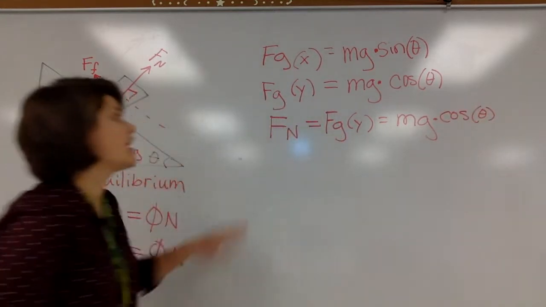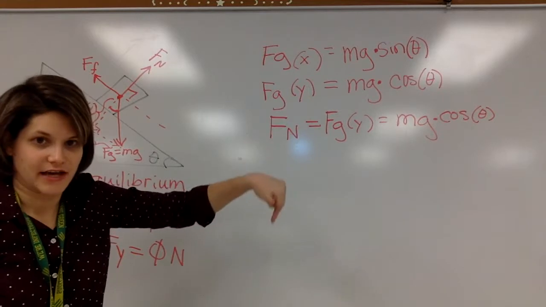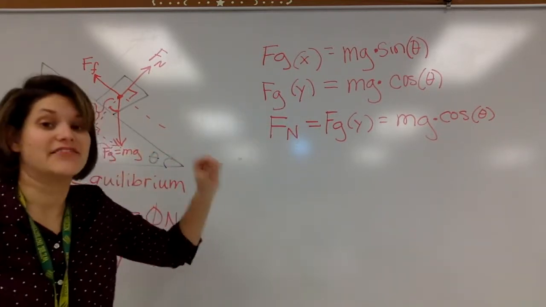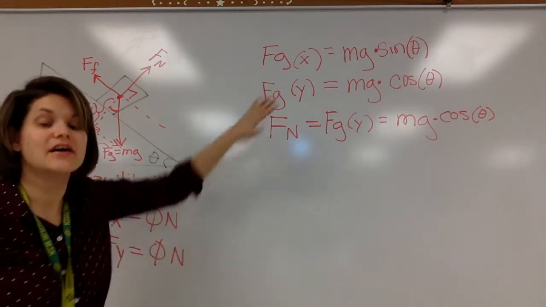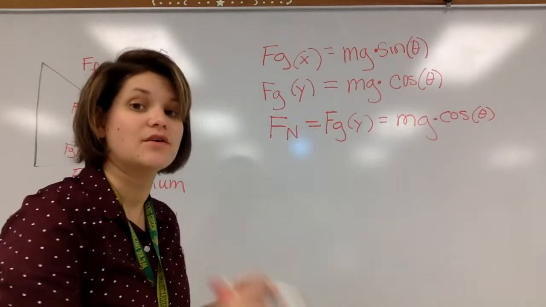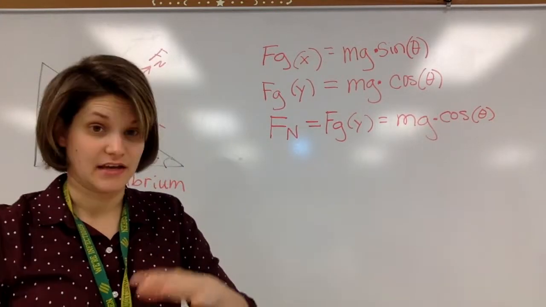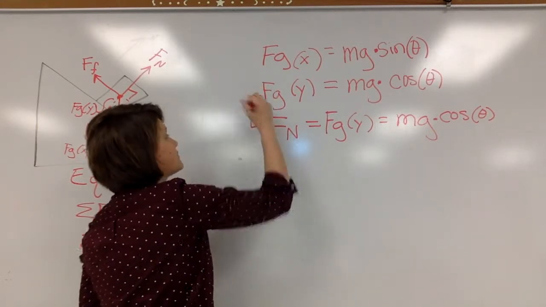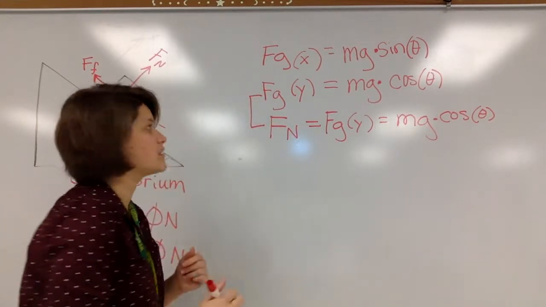Now, granted, Fgy is going down, so it's negative, and Fn is going up, so it's positive, but they're the same size, same magnitude, opposite directions. So opposite signs, positive and negative. So these two are pairs. They're balanced. They're in equilibrium.